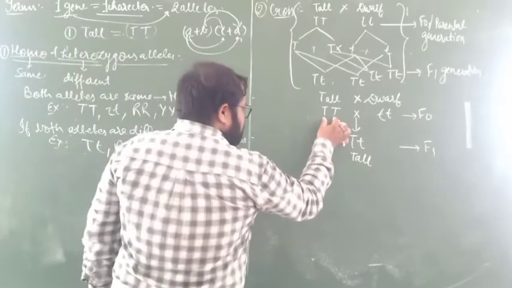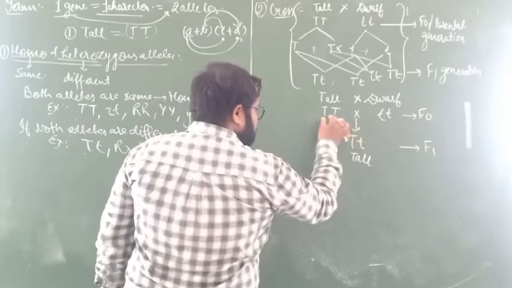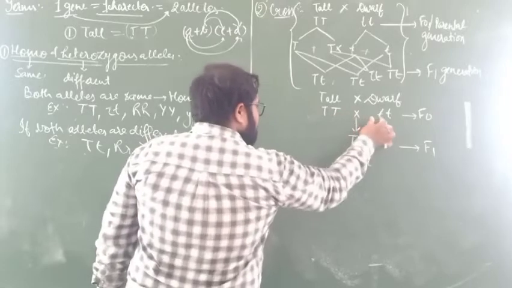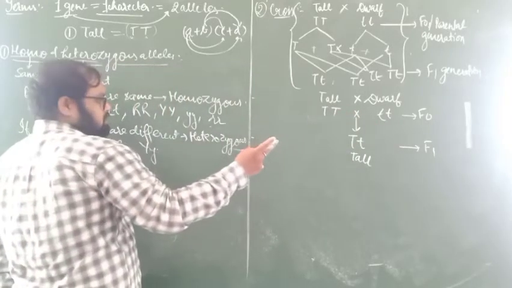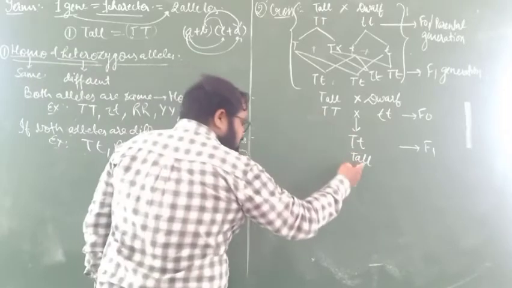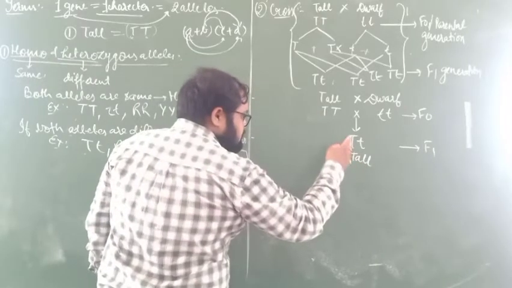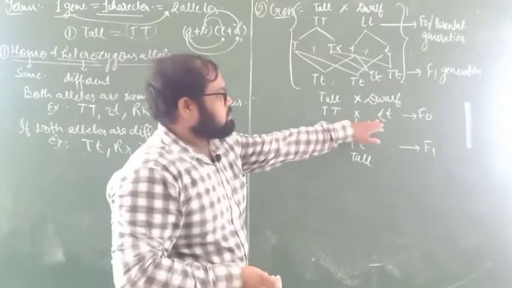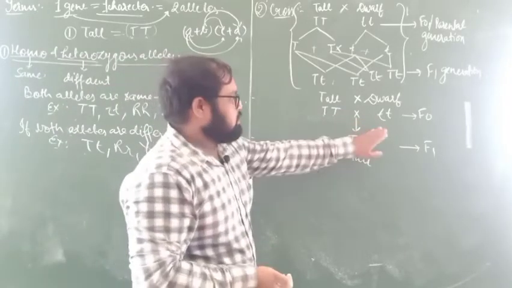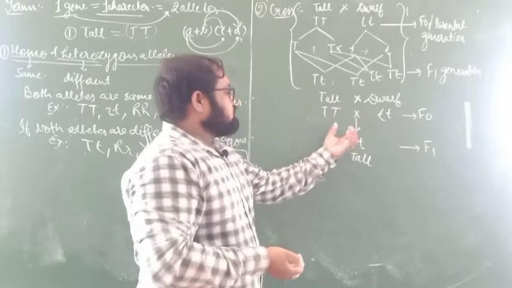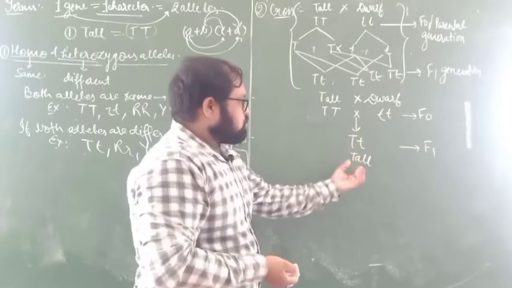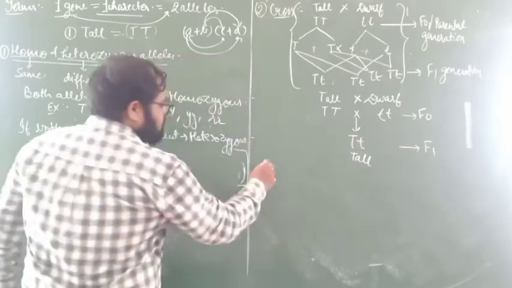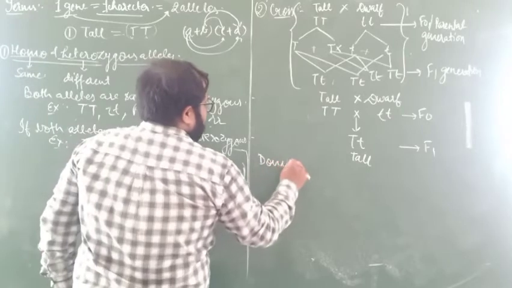If we cross two homozygous characters, this one is homozygous, this one is homozygous, then in the F1 generation the character which is shown is called the dominant character.